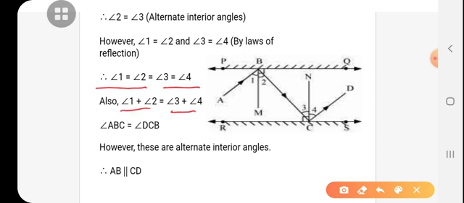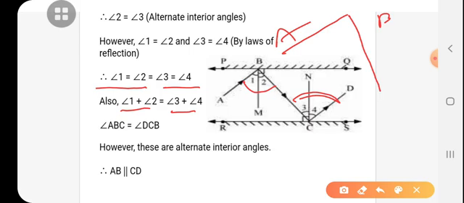Now see the picture. Angle 1 plus angle 2, that means this angle, and angle 3 plus angle 4, that means this angle. If AB is a line, and this is B, and look here, it is C, it is D. Angles 1 and 2 make this angle, and 3 and 4 make this angle.